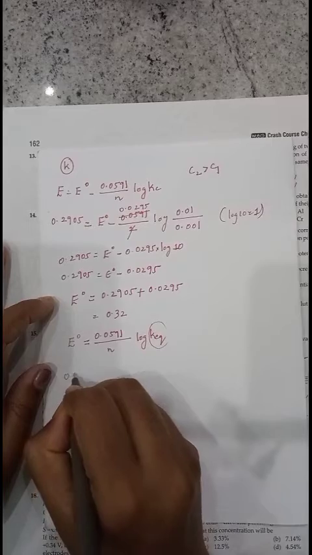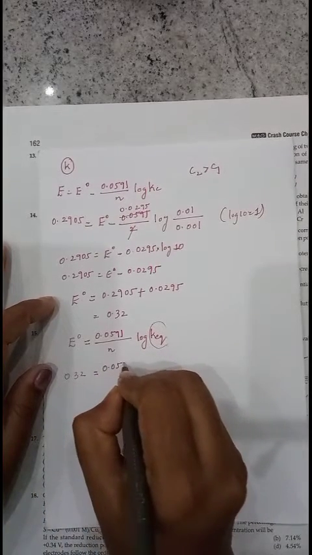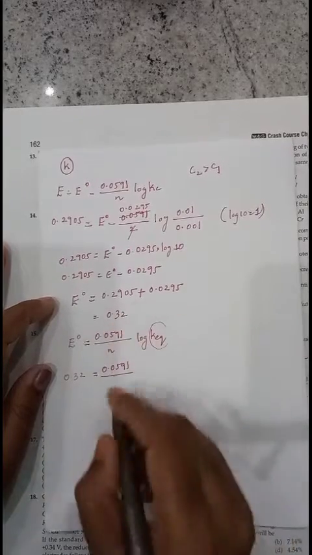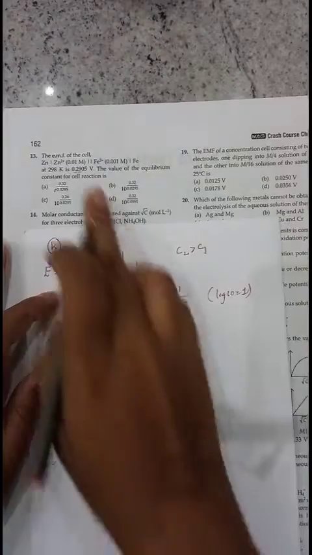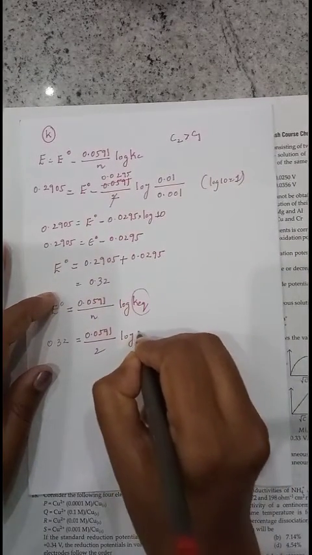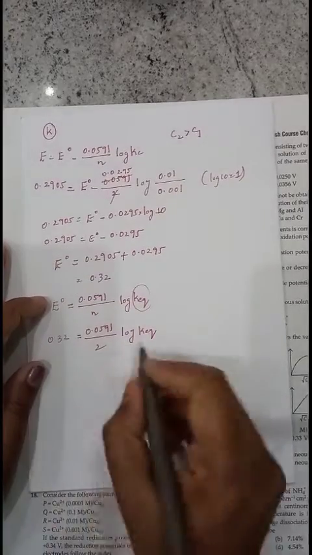You just substitute 0.32 equals 0.0591 divided by N, and N here is also the same, that is 2, the difference in electrons, into log K equilibrium.